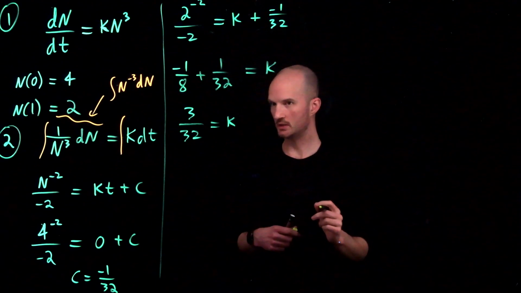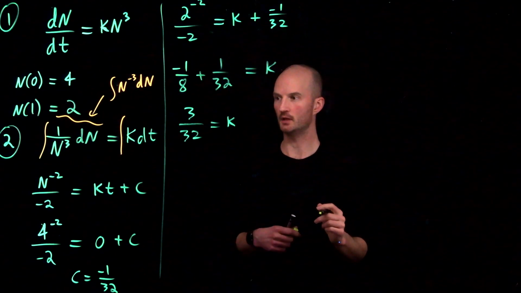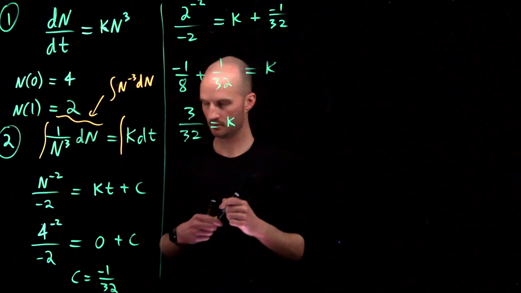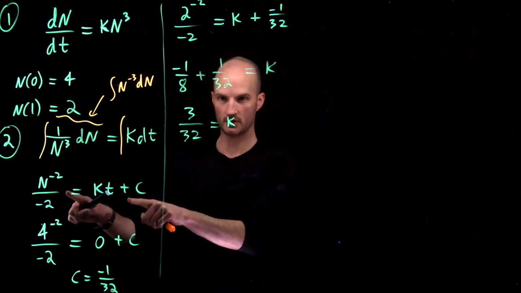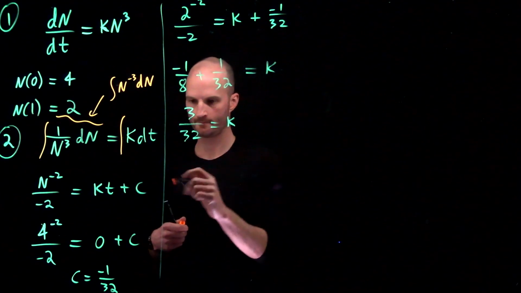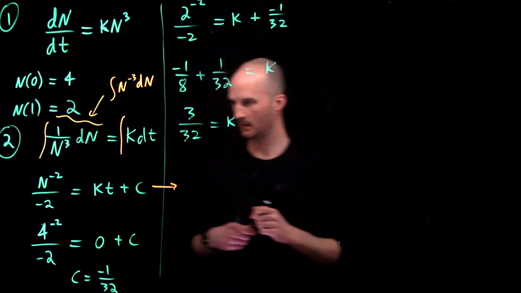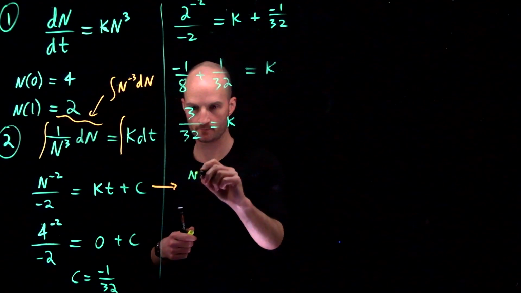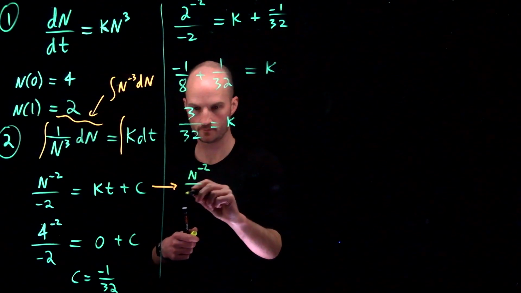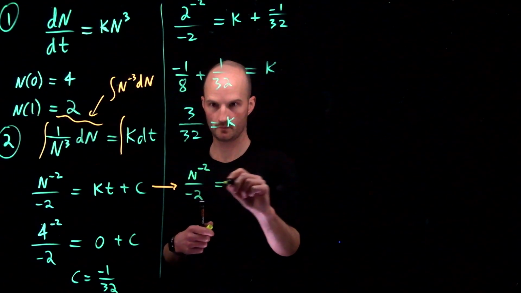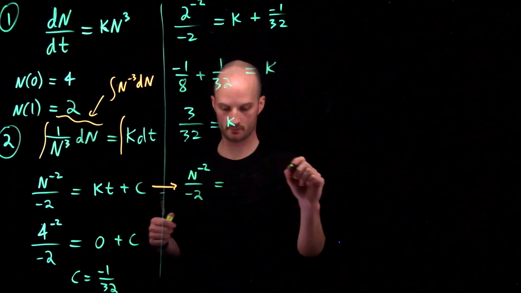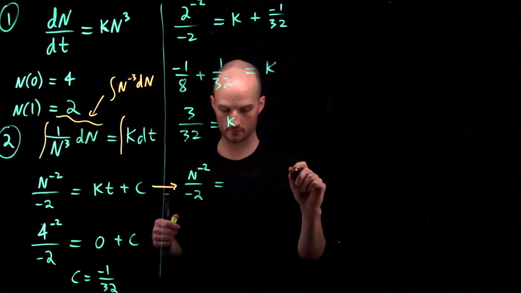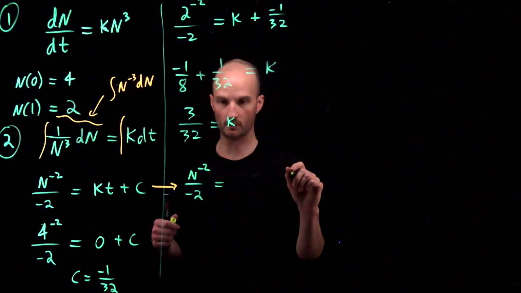So now I can actually start solving my equation here for n. So plug in what I found here. K was what?